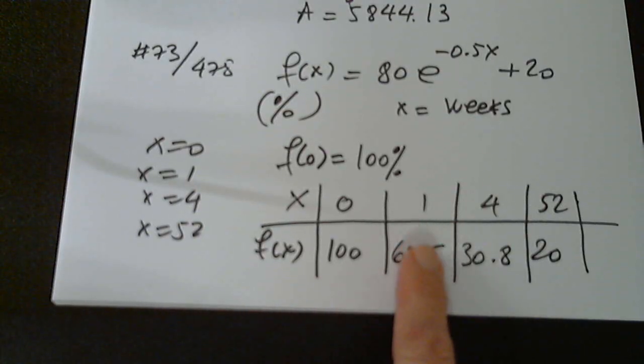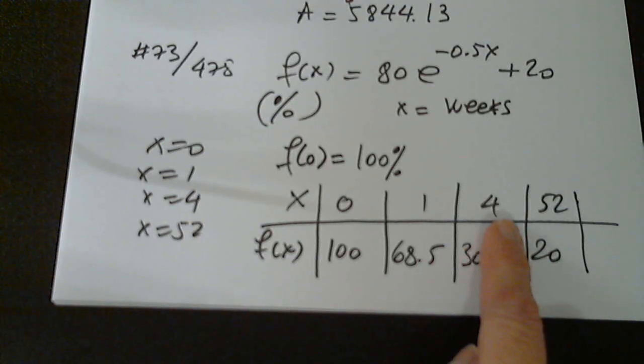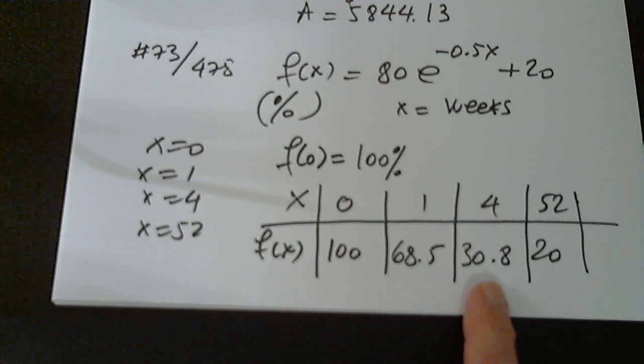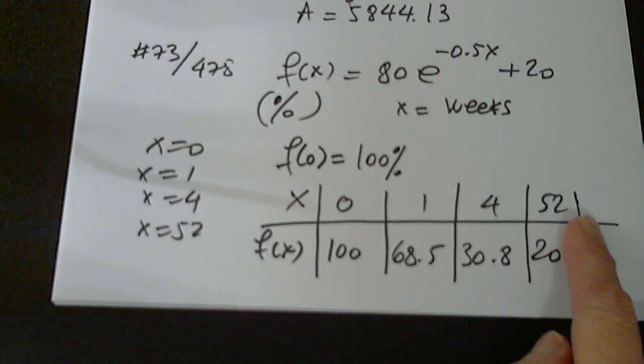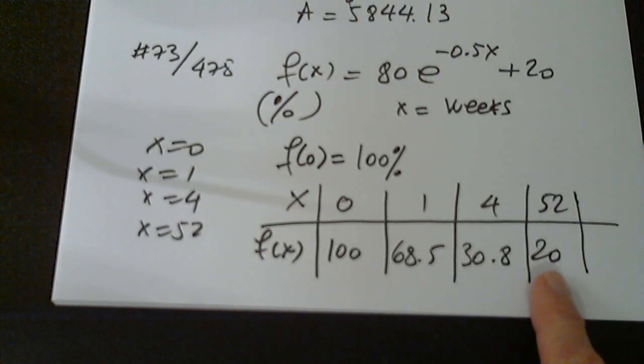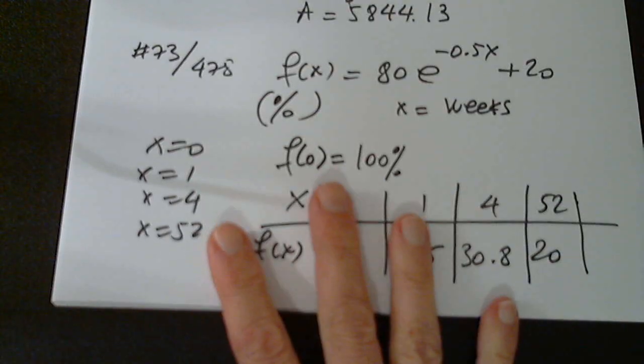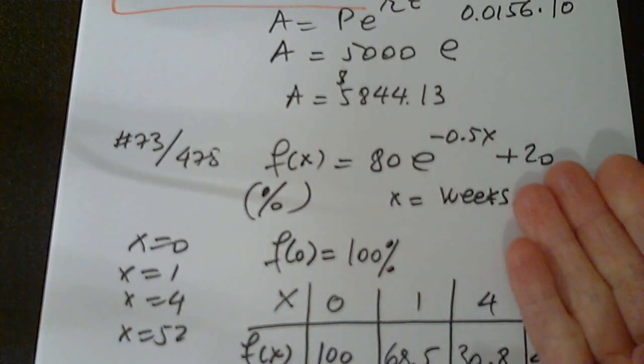A week later, we only remember about 70%. Four weeks later, only about 31%, and a year later, 52 weeks later, only about 20% of what we initially learned.